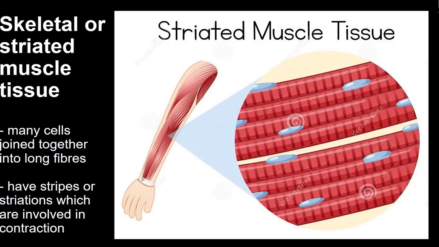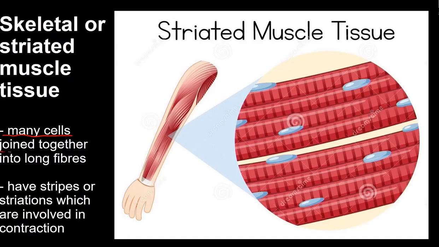The one which you probably did the most detail of last year is striated muscle or skeletal muscle. And that's quite interesting because in skeletal muscle, many cells are joined together. So each fiber, there's one fiber, is made of many cells joined together so that they can work together efficiently.